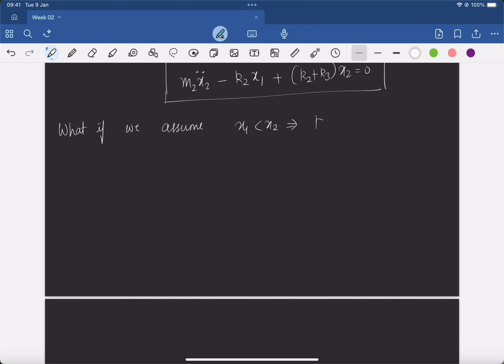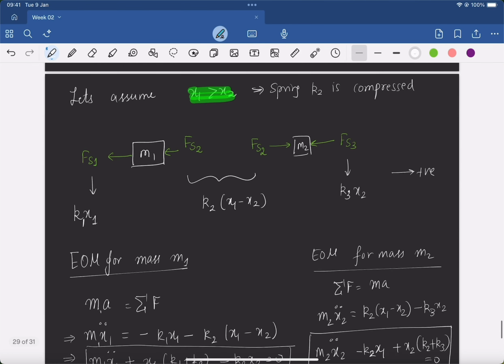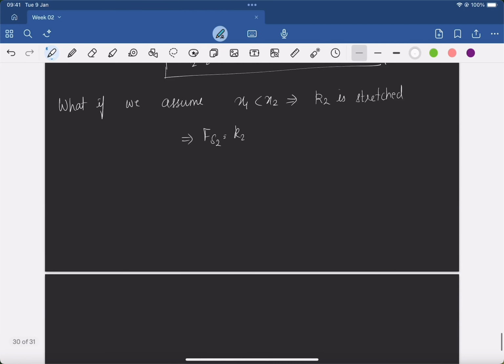That implies spring k2 is stretched, right? That implies that our force in the spring S2 is k2 times the stretch, so it's a tensile force, which is x2 minus x1.